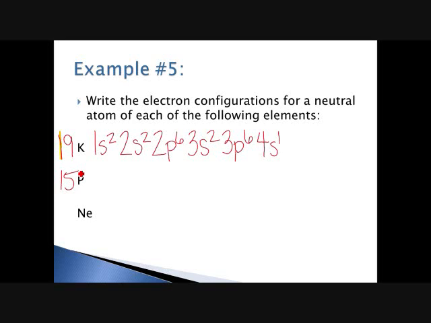We go back to 1s, so we'll still have 1s2, and then 2s2. That's 4 electrons. 2p6 is 10 electrons. 3s2 is 12 electrons. And so at the end, our last one is going to be 3p as well, right? So what's that going to be? 3p3, to get it to be counting up to 15.